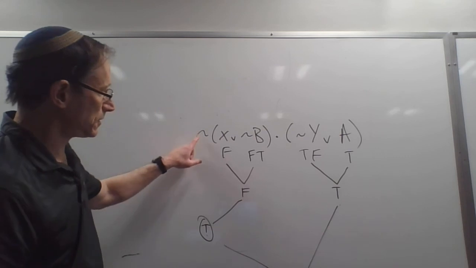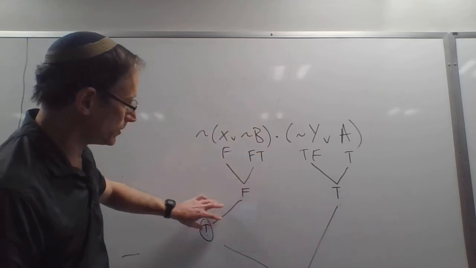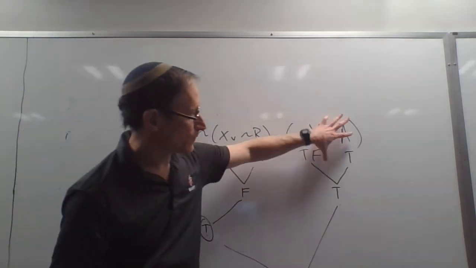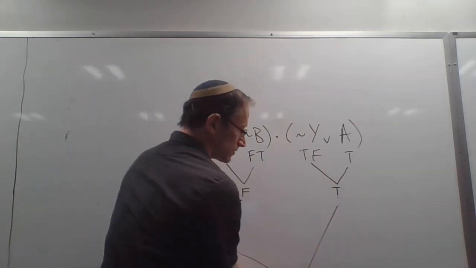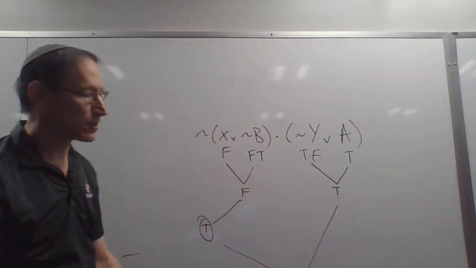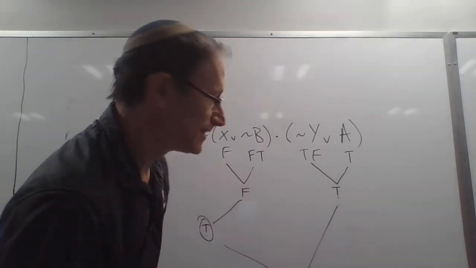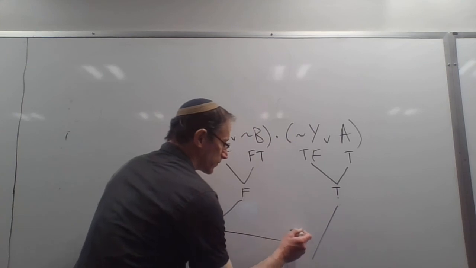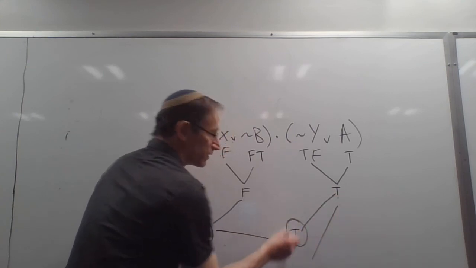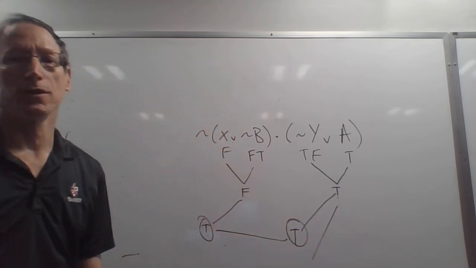Because tilde this whole thing turned out to be true, the value of this thing is true. So now I have T and T. So the answer is, I'm sorry, this is below the screen. Sorry about that. The answer over here, to make it more visible for you, is that this whole thing is true. The result is true.